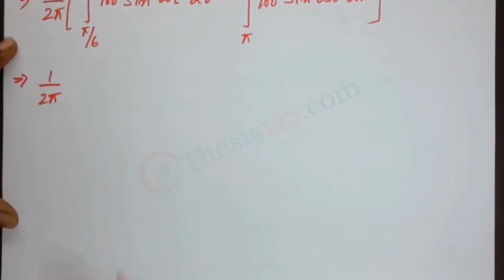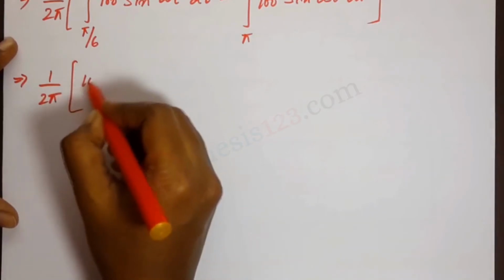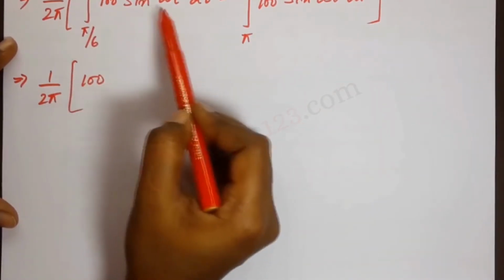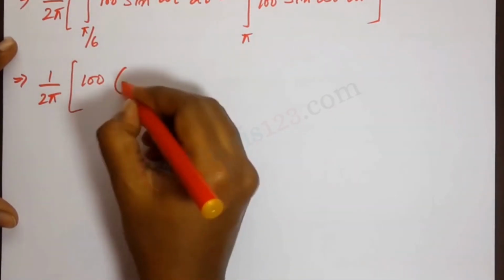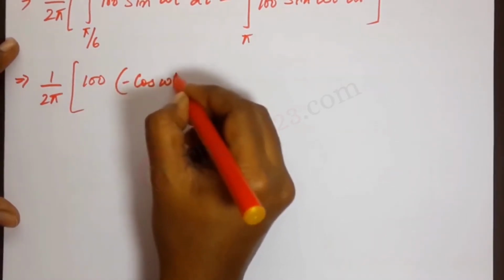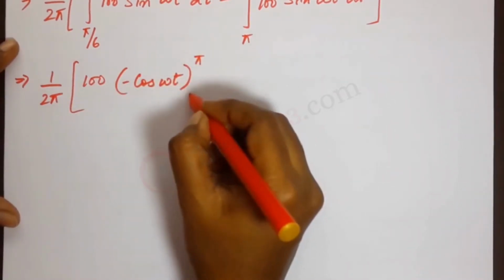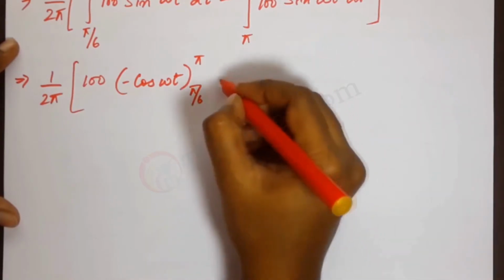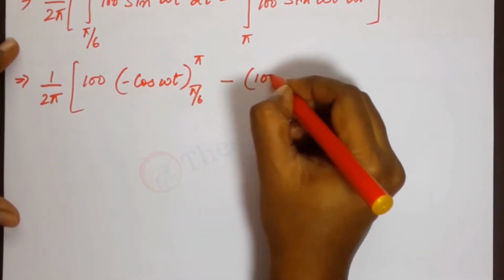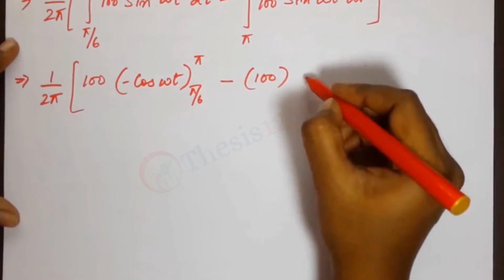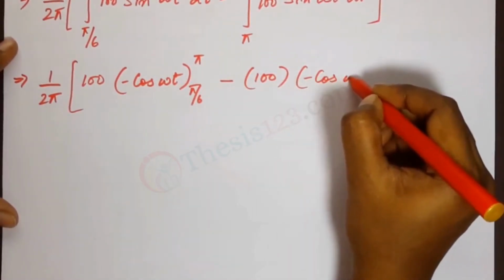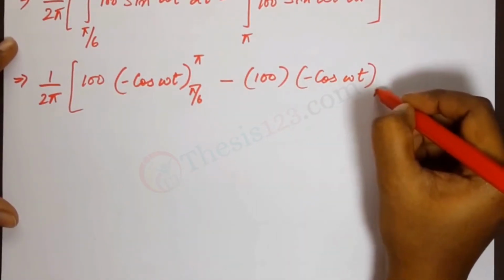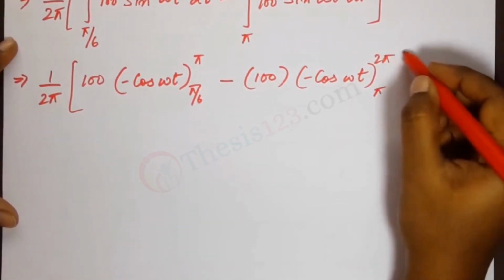Let's integrate. So here 100, the integral of sine omega t is minus cos omega t at the limits of pi by 6 to pi, minus 100. Again the integral of sine will give us minus cos omega t at the limits of pi to 2 pi.